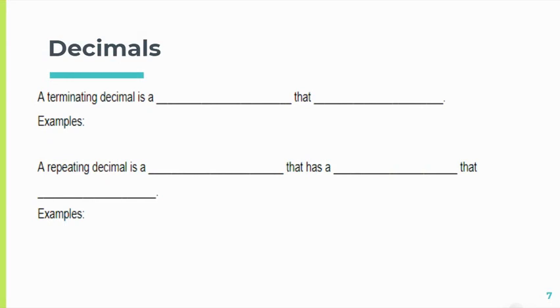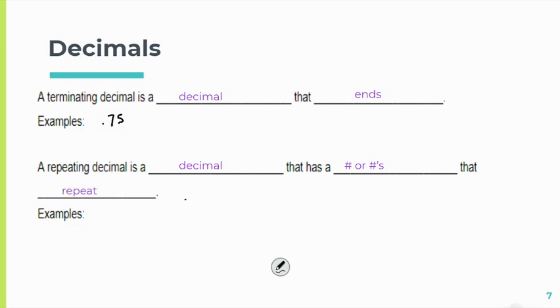The terminating decimal is a decimal that ends, so a terminating decimal would just be like 0.75, whereas a repeating decimal is a decimal that has numbers that repeat.